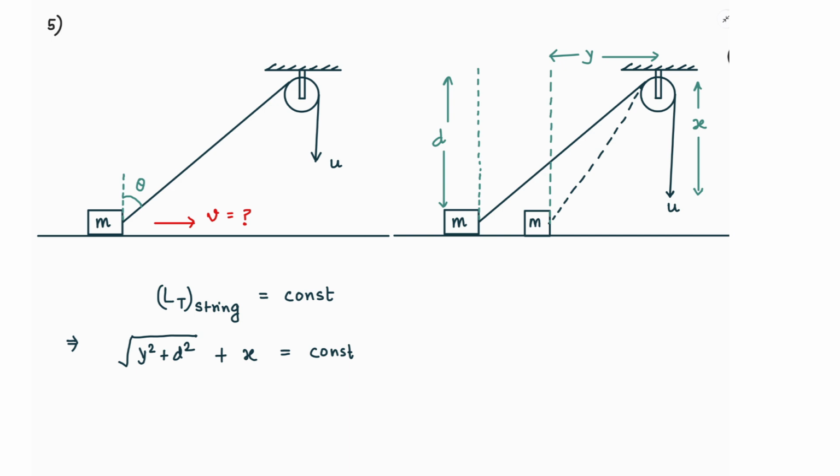For this string we can also say that the velocity v is because of the change in y, that is dy by dt in magnitude, and the velocity u is because of the change in x, that is dx by dt in magnitude.